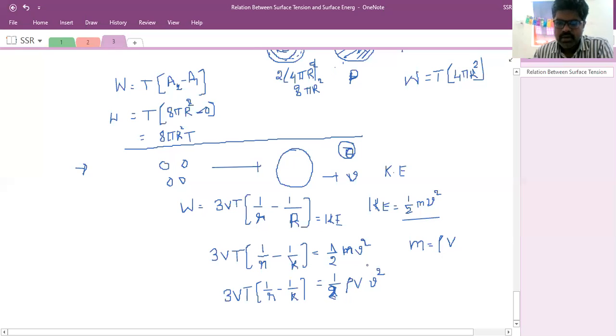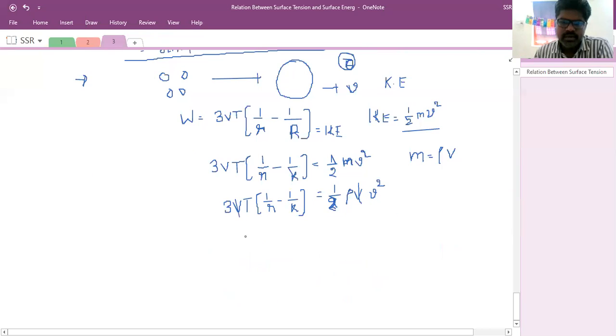Now this volume cancels on both sides. Then finally you can find the speed in terms of these values. v square is equal to 2 times 3, that is 6T by rho, into (1/r minus 1/R).